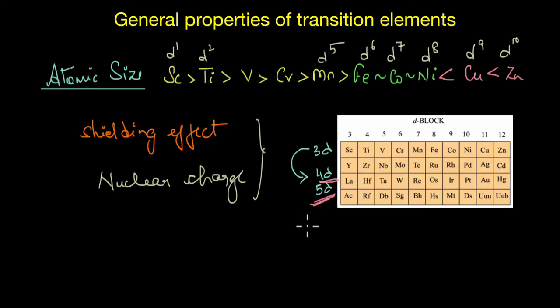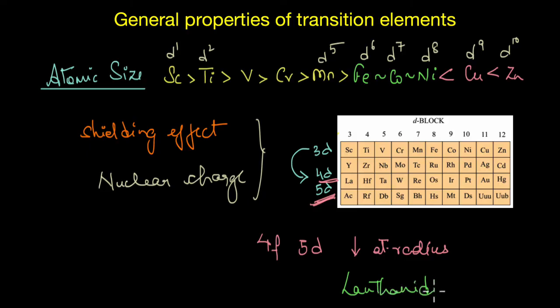As we go towards the heavier elements and if you look at the electronic configurations of the 5D series, we can see that the 4f orbitals fill before the 5D orbitals. Now, this filling of the 4f orbitals before the 5D orbitals results in a decrease in the atomic radius, and this is called lanthanide contraction.